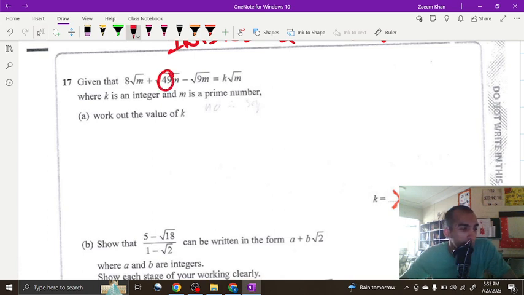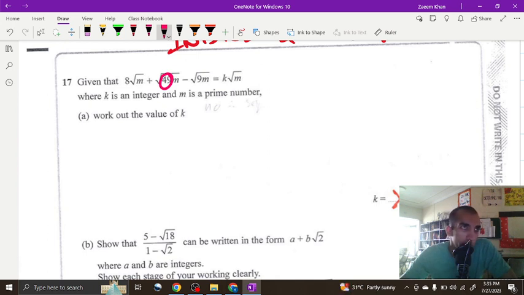Is 49 a square number? Yes, I think so. What is it a square of? What number multiplied by itself would give you 49?